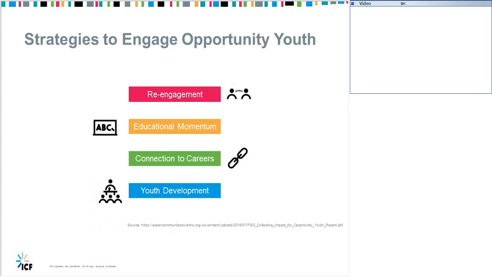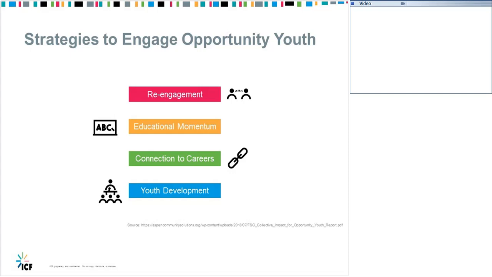We need to create pathways that have reachable, clearable milestones and a pathway that allows folks to get to our green box, which is a connection to a career that is meaningful and rewarding and self-sufficiency sustaining, to gain credentials, to gain connections, and to be able to break that cycle, while understanding that these are young people who have a potentially missed window of neurodevelopment around things that make it sometimes very challenging to be employable and to be stable.